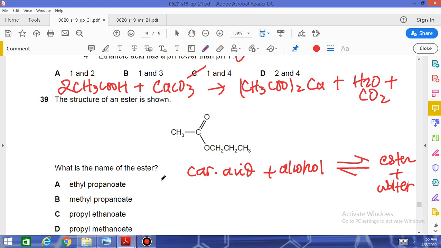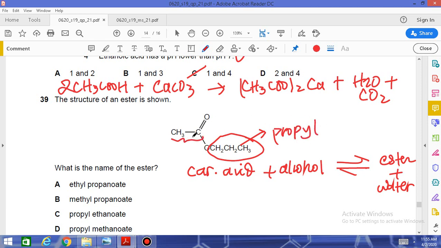Now we have to give a name for this ester compound. Remember, the name of the alkyl must be mentioned first. This is the alkyl. The alkyl is from alcohol. So this is propyl. This is from propanol.